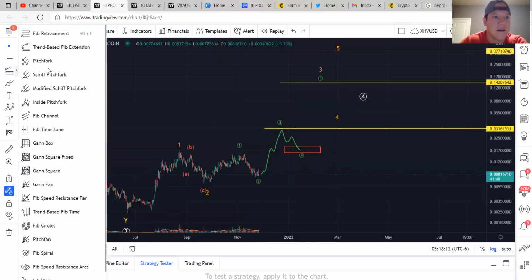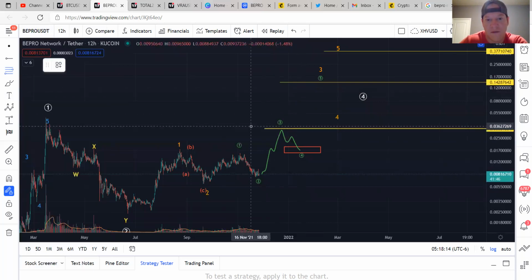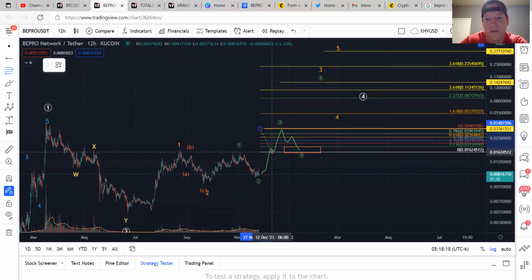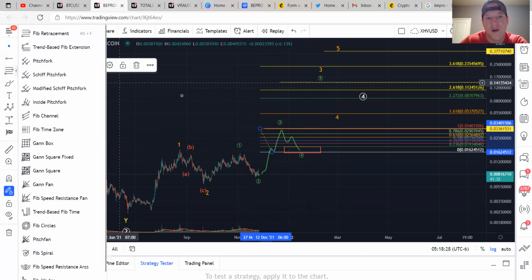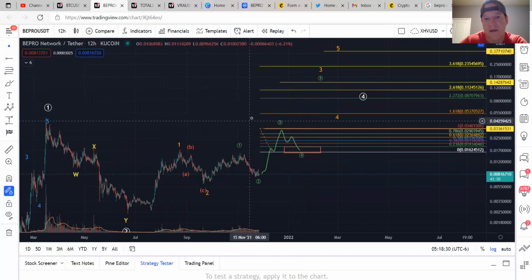So let's just assume it's going to be the 5. Because typically I target my 5s to hit 1618, from this is the fib retracement tool, guys, not the trend based, from top of 3 down to bottom of 4. Typically I would target 1618, which is around 5 cents.